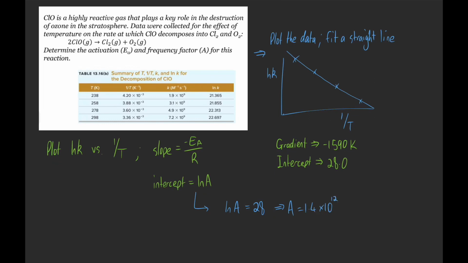Now we can determine the activation energy by rearranging this expression. When we rearrange it, we can write down that the activation energy is going to be equal to minus the slope, minus minus 1590, multiplied by the gas constant 8.3145.